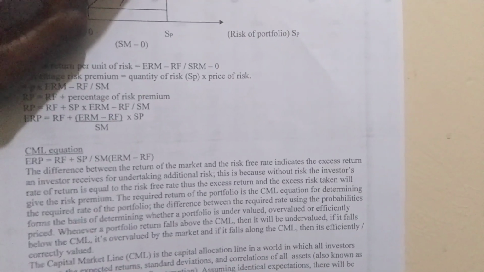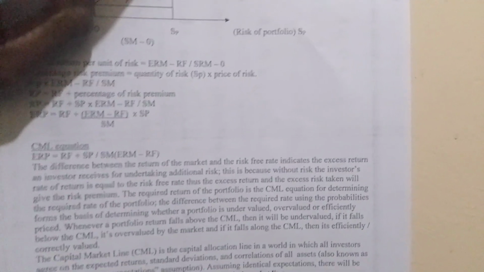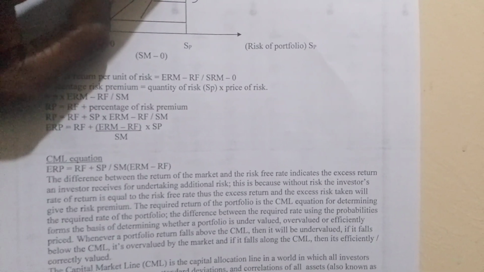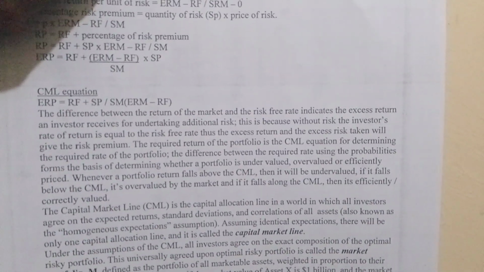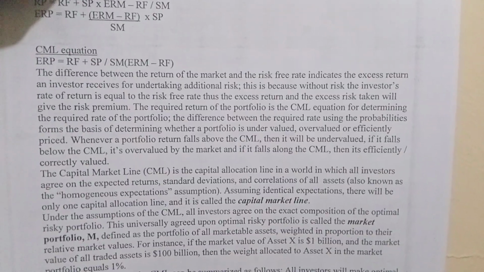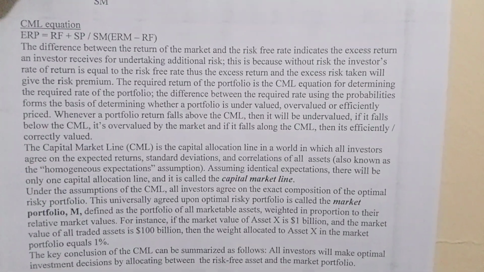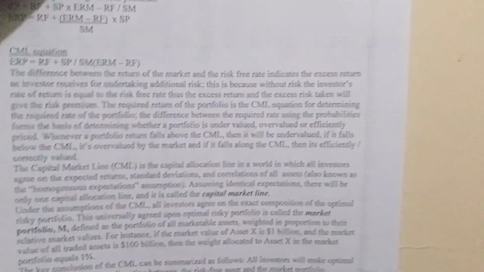Compare the two. The difference between what you have computed and the expected return as provided for by the market forms the basis of whether a security is either overvalued, undervalued, or correctly valued. So I believe you have understood what we are saying.